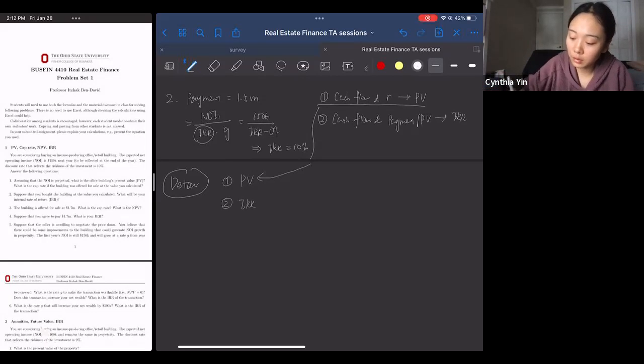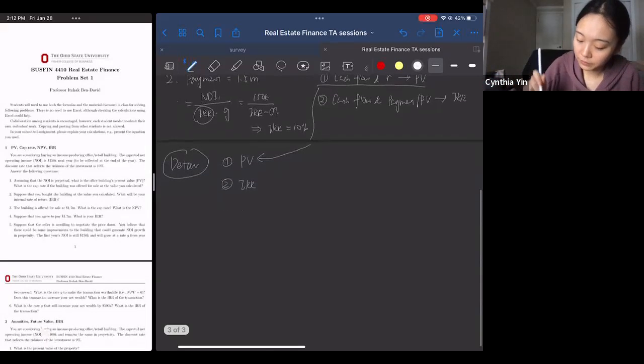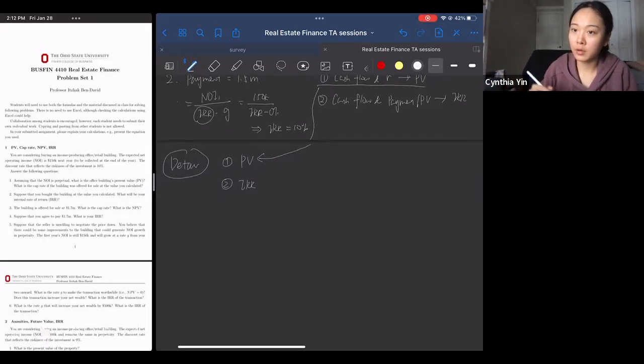Then you know the payment today, or the value you have in mind today, and the cash flow occurring in the future, so you can back out the IRR, using the perpetuity formula because the project is a perpetuity. After you back out the IRR for different projects, you can compare the IRRs and make your own investment decision. So this detour is related to the following questions.